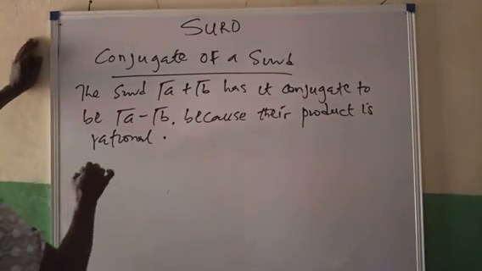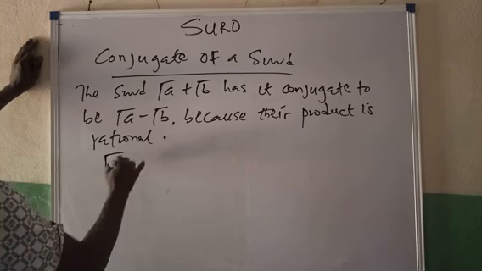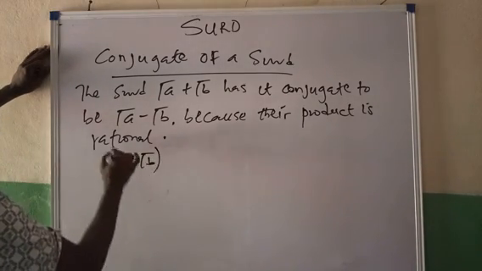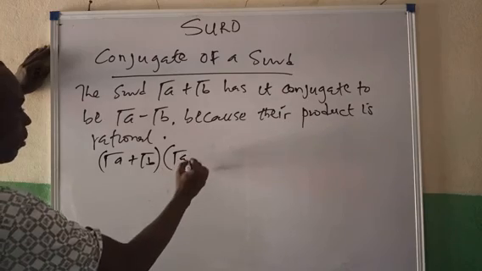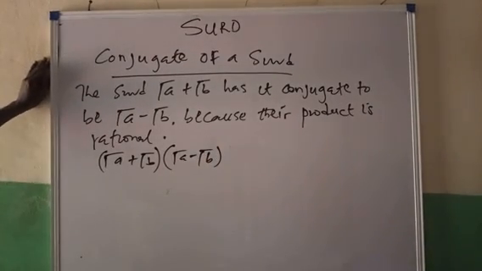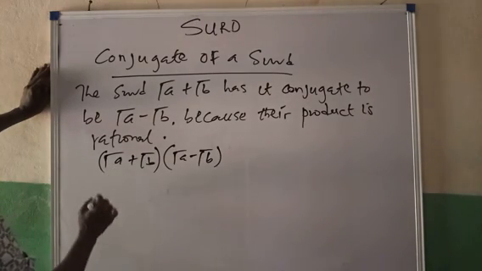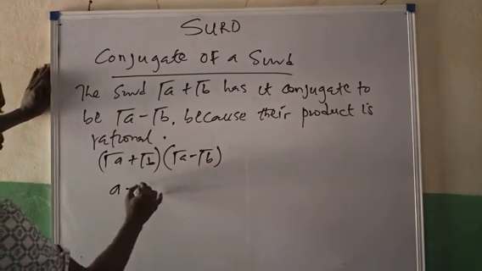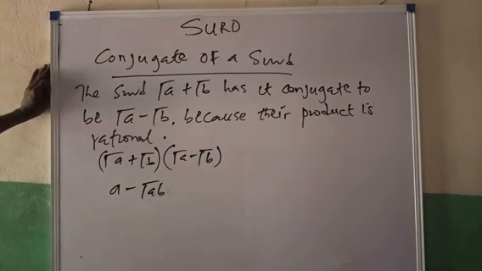If we have root A plus root B, bracket root A minus root B. Root A times root A will give you A. Root A times root B will give you minus root AB.